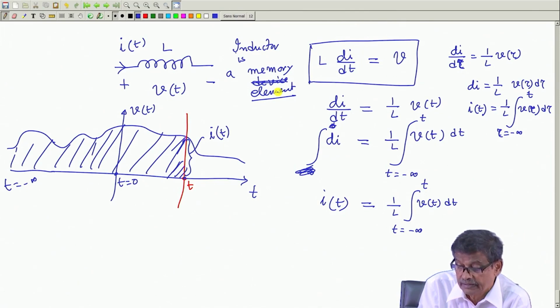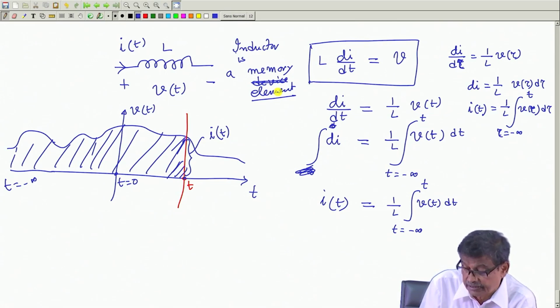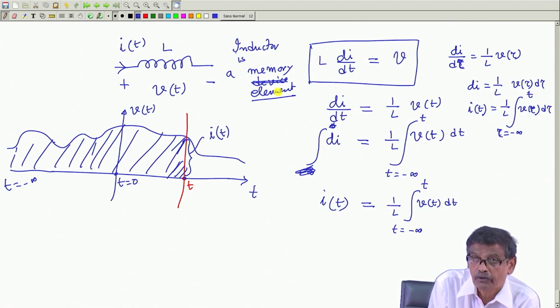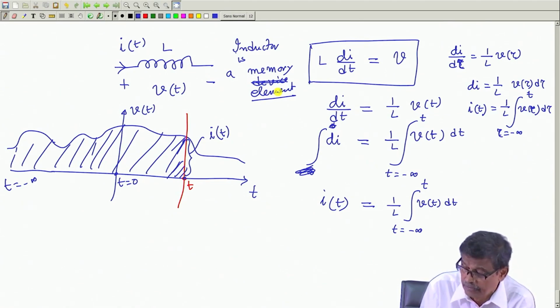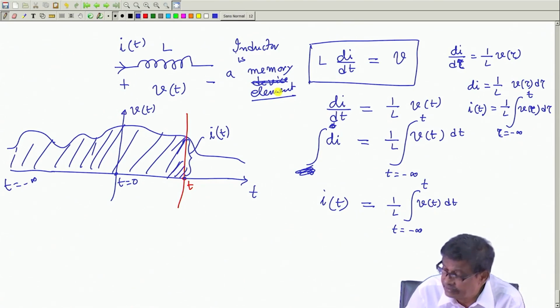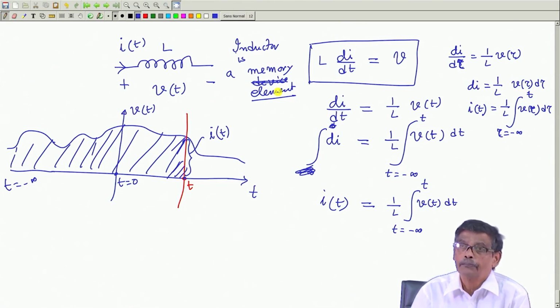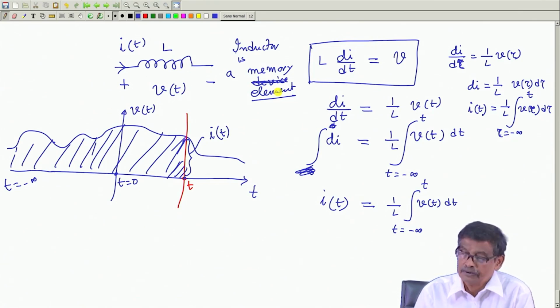It remembers how you treated the inductor previously, with what kind of voltage, for how long. Those integrations are necessary. Therefore, previous information is necessary to know the current in the inductor at a given time.